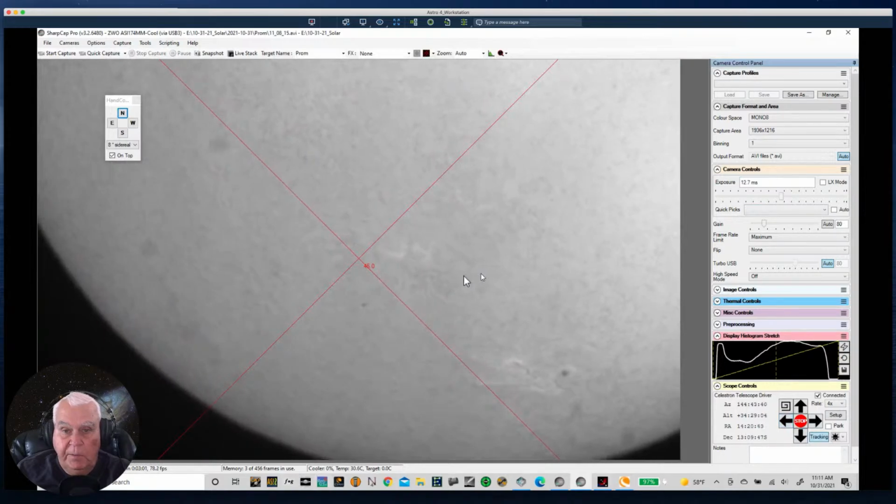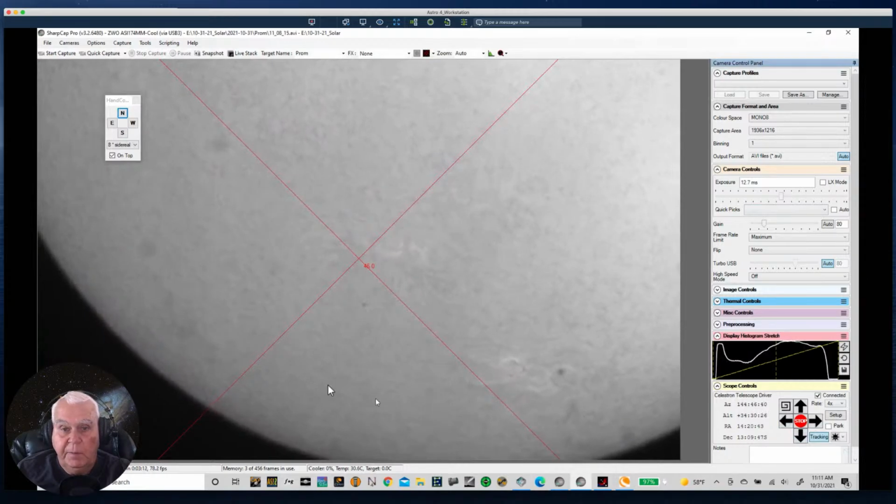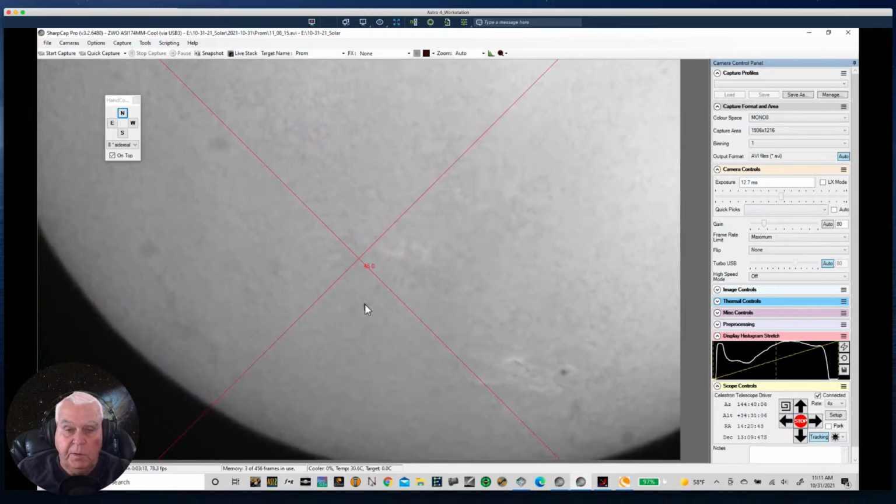There's a nice area of filament activity as well. There's some over here. Now these spots right here are dust spots. There's one down there, and this dark spot right here, that's just dust that's accumulated on the sensor or on the solar filter.